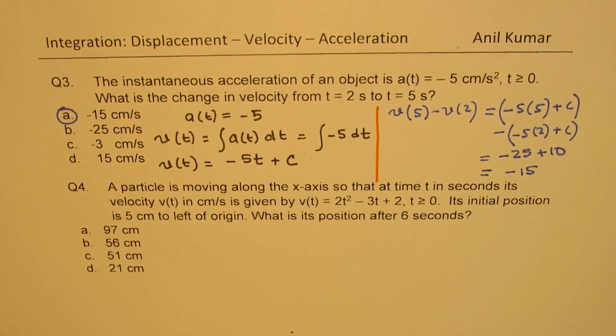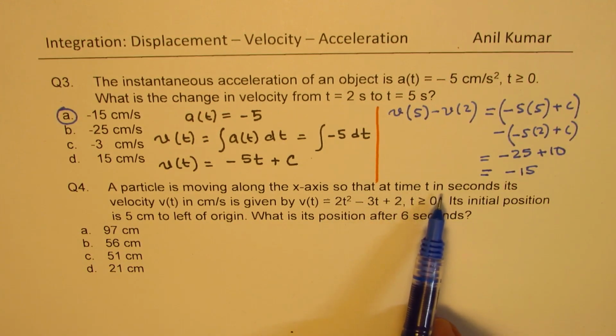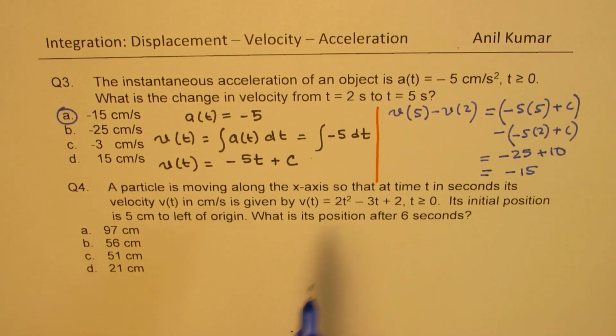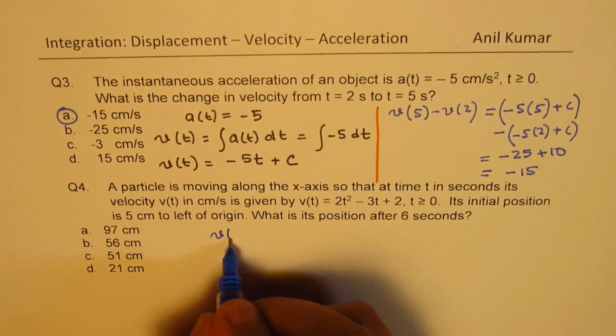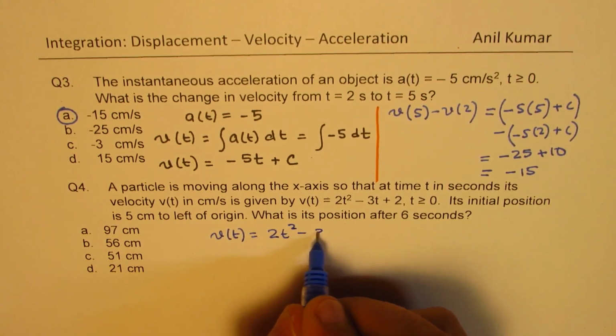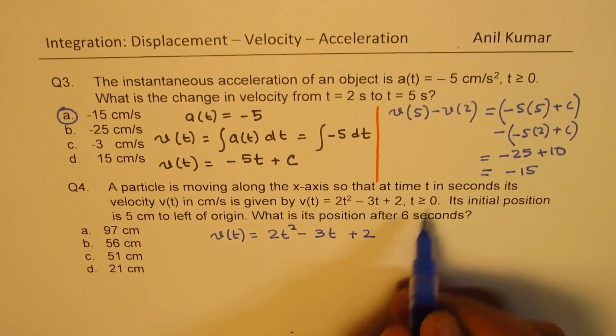Question number 4. A particle is moving along the x-axis so that at time t in seconds, its velocity v of t in centimeters per second is given by, let's write down. So velocity is given to us as 2t square minus 3t plus 2, where t is greater than or equal to 0.